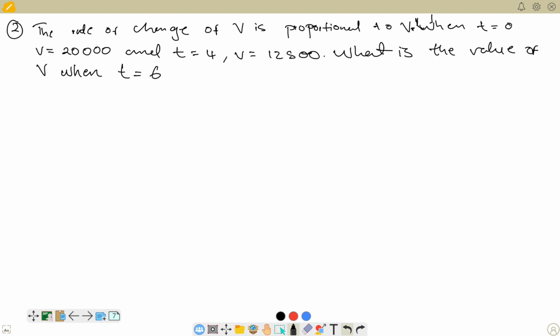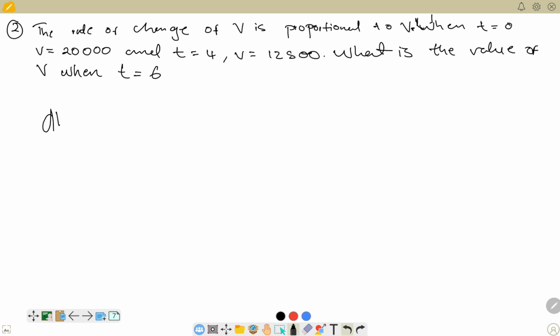We can see that v is a variable, perhaps a volume or a voltage, and t is time. And we know that we are talking about rate of change, so it's something which is changing with time. First of all, we need to look at the first statement. The rate of change of v is proportional to v.